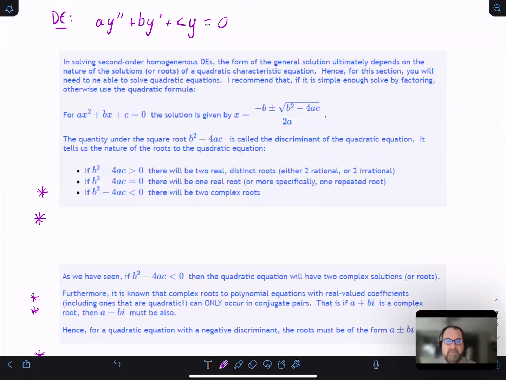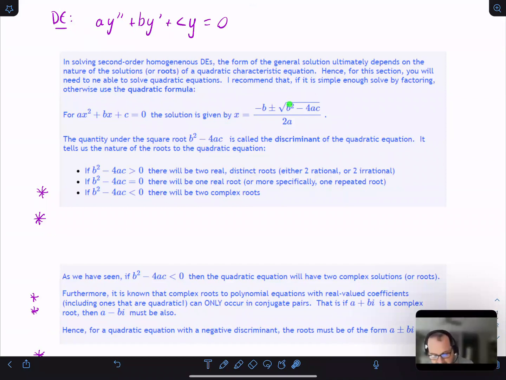We have talked about case number one. In case number one, we ended up with two distinct real roots. So this happens when you're solving a characteristic equation. Well, this is really just an algebra fact. If we're solving a quadratic equation like this, we know the quadratic formula gives the solution like this.